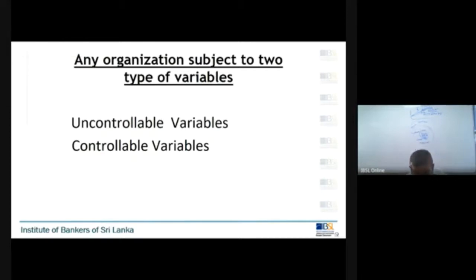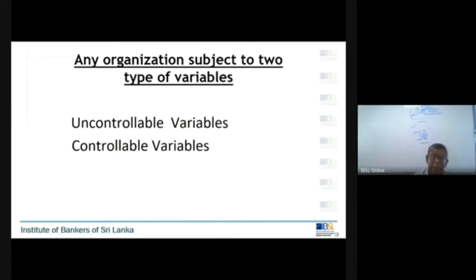There are some variables you can use in your organization to manage these uncontrollable variables. What are those controllable variables?